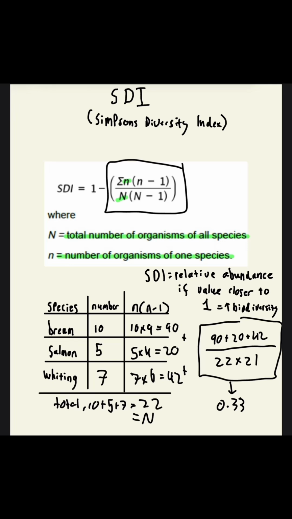Now remember, we still have to do this 1 minus, so the SDI is equal to 1 minus 0.33. So if we do that, our answer is 0.67. That represents our SDI value for this population.